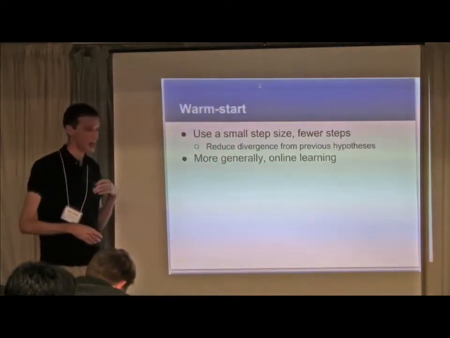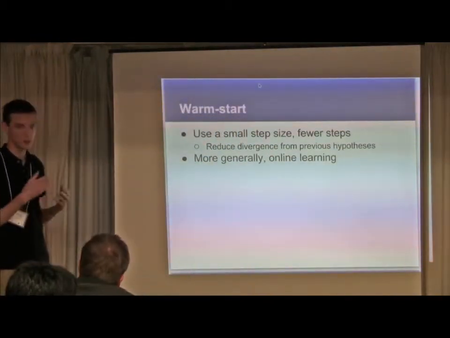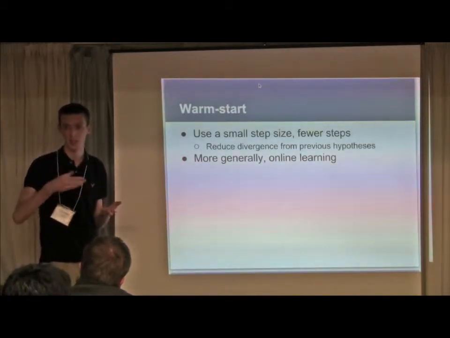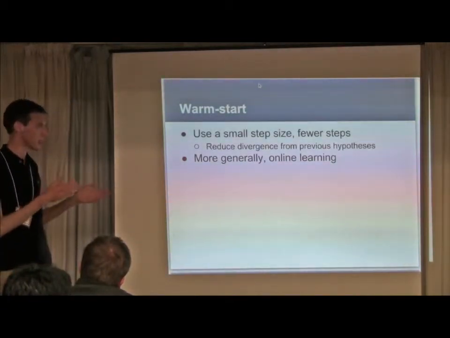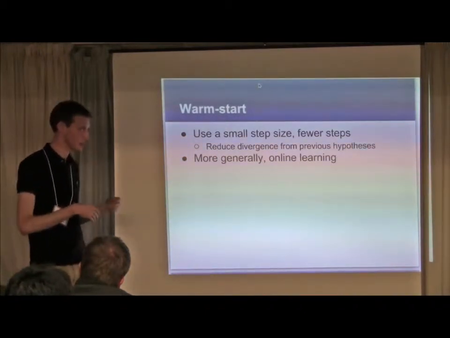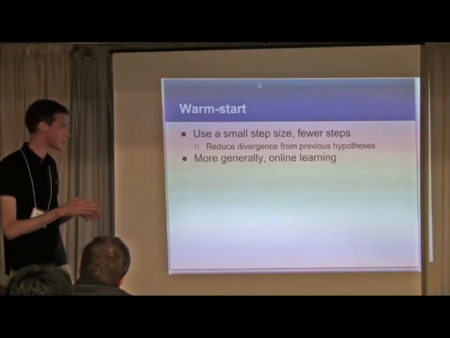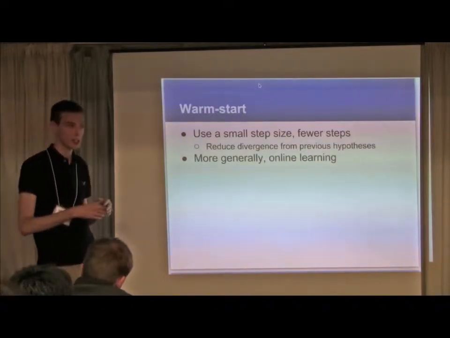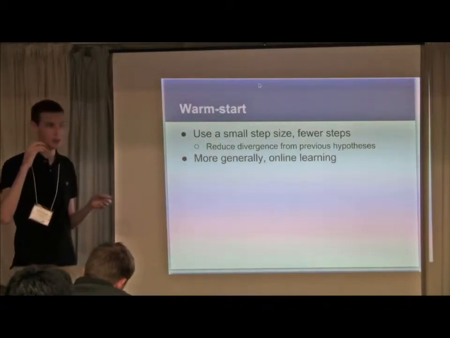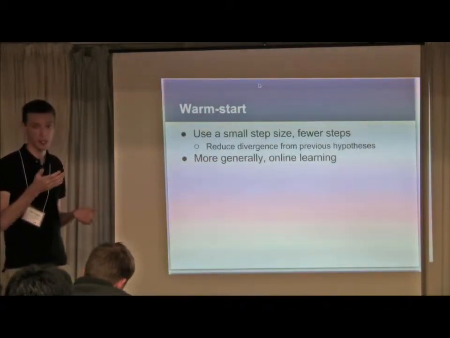We also tried several kinds of warm starts. The idea is that we have some hypothesis, and we want to make some updates to it, but we don't want to update it too much. So we can use fewer optimization steps, or we can use smaller step sizes. More generally, we can use any online learning algorithm with the caveat that we don't want to update too much.